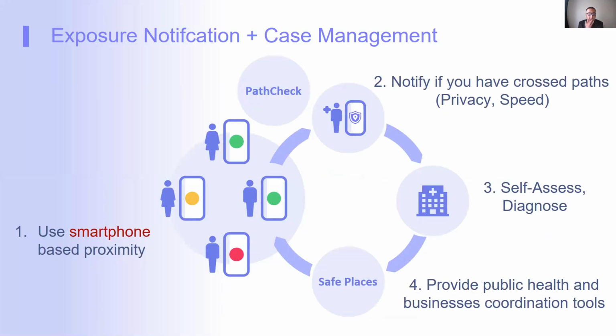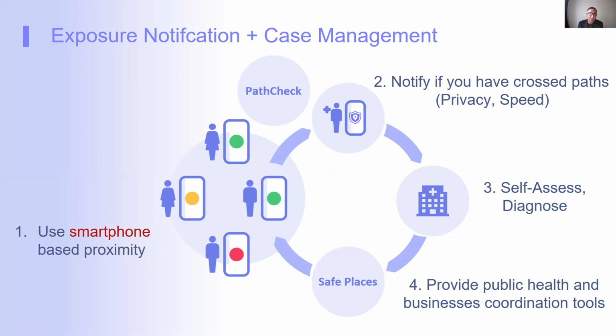Specifically, when it comes to exposure notification and case management, you would use smartphone-based proximity. Then step 2, notify if you have crossed paths, and make sure you can do that with privacy and speed. On the smartphone, maybe provide solutions for self-assessment or self-diagnosis. And then finally provide solutions for public health and business coordination tools.